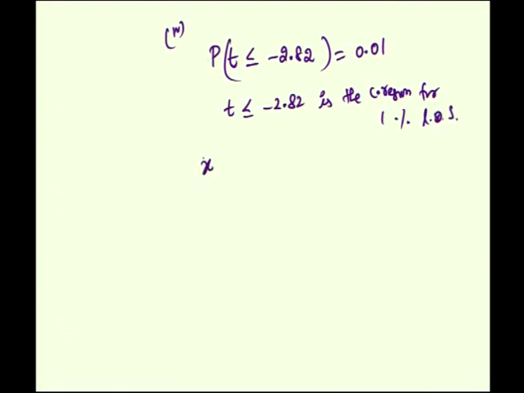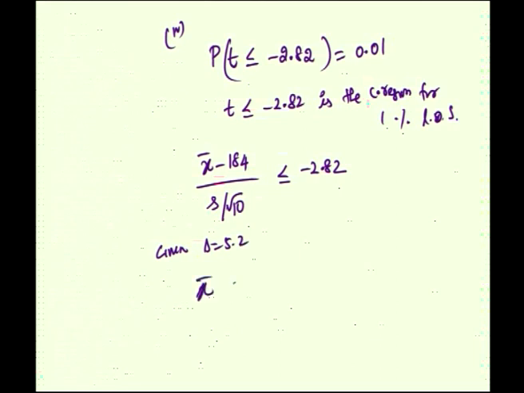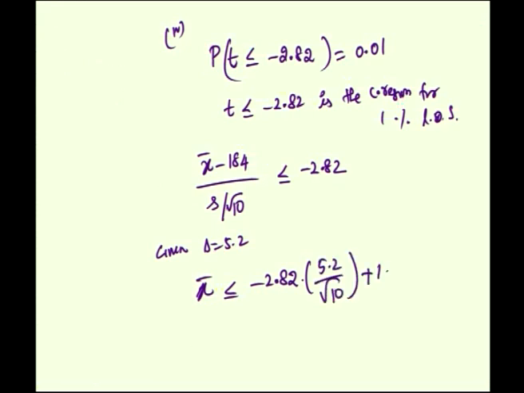Therefore, accordingly we will take x bar minus 184 divided by s by root 10 is less than or equal to minus 2.82, given s is equal to 5.2. Therefore, x bar is less than or equal to minus 2.82 into 5.2 by root of 10 plus 184.